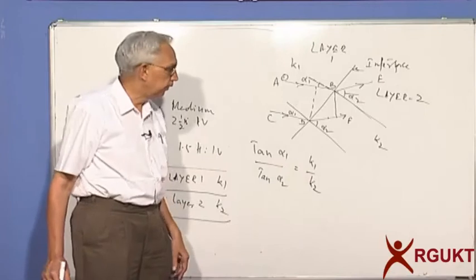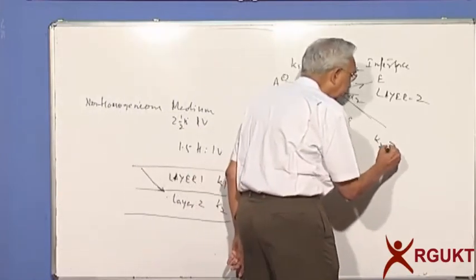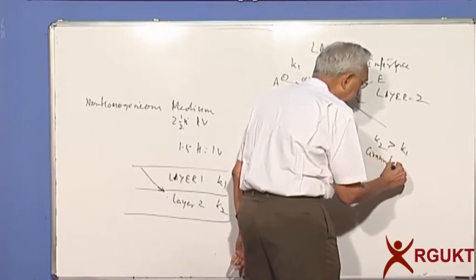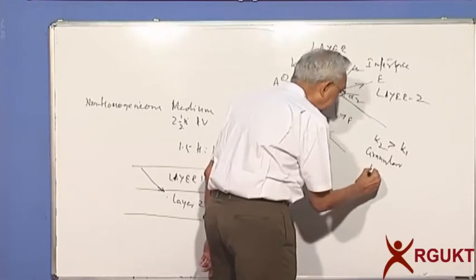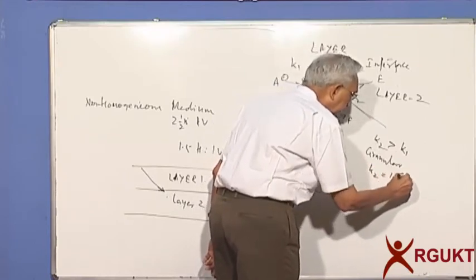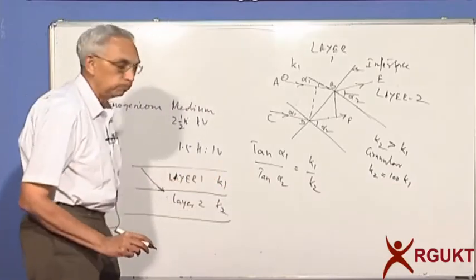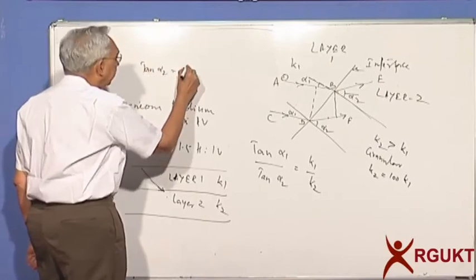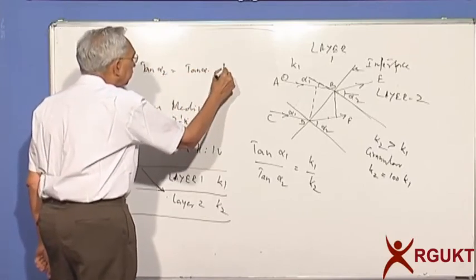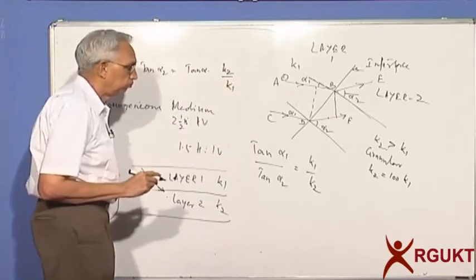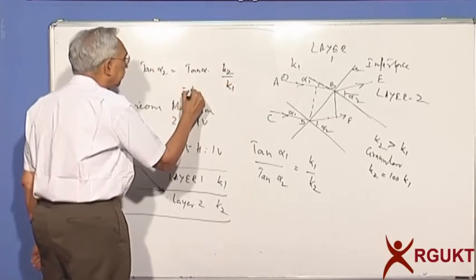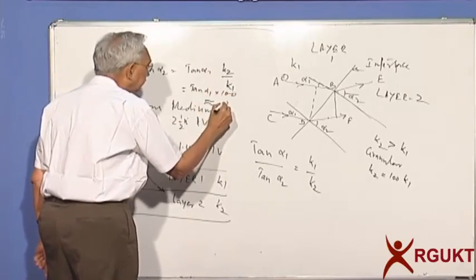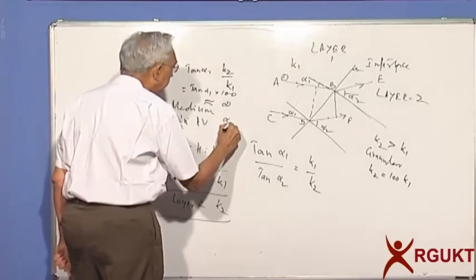Just to illustrate to you, let us say K2 is very high. This is something like a granular material, and let me say K2 is equal to 100 times K1. Then what will happen to alpha 2? Tan alpha 2 will be equal to tan alpha 1 into K2 by K1, and this we said is 100, which means tan alpha 2 is close to infinity, and so alpha 2 will become pi by 2.